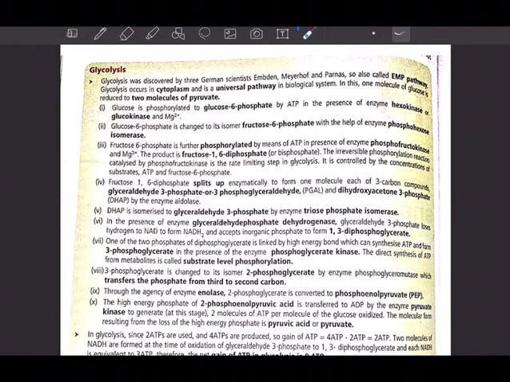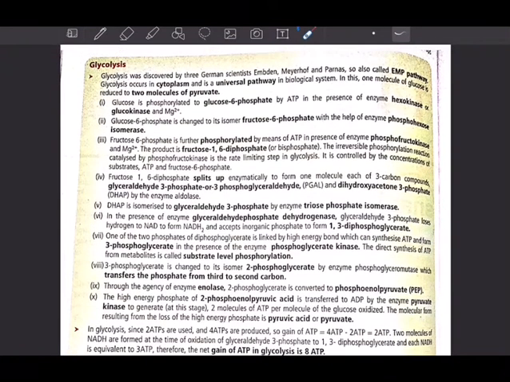Our memory helps us in reflecting upon what we have been analyzing and studying. As you remember, we were discussing glycolysis.